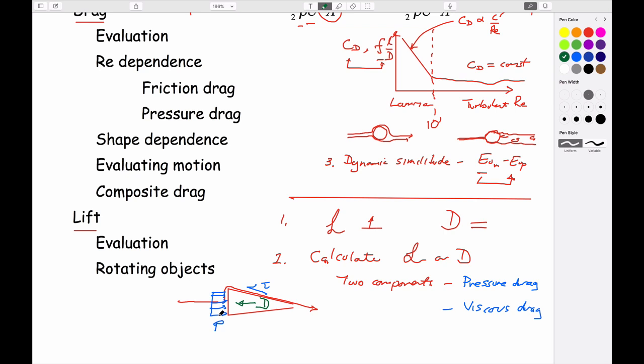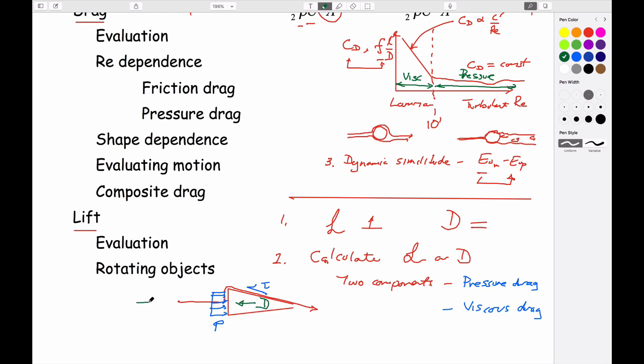We should realize also that in this regime here, this is dominated by viscous drag, and in this regime here, this is dominated by pressure at higher velocities. So these not only change based on the aspect, if you like, of the structure relative to the airflow.